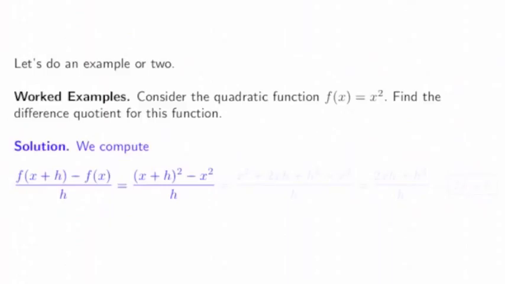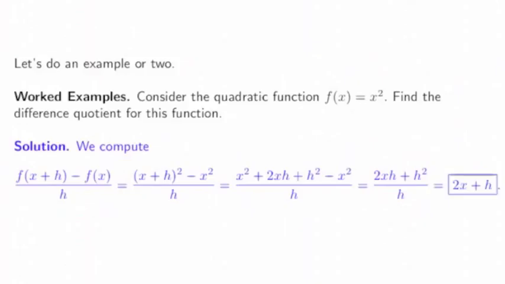So using our function f of x, we substitute in and get this fraction. Simplify the numerator by expanding out x plus h, the quantity squared. Cancel out the x squareds, so the numerator is 2xh plus h squared. And now notice that everything on the top and bottom is divisible by h, so it simplifies to 2x plus h. So there is the general average rate of change for the function f of x is x squared.